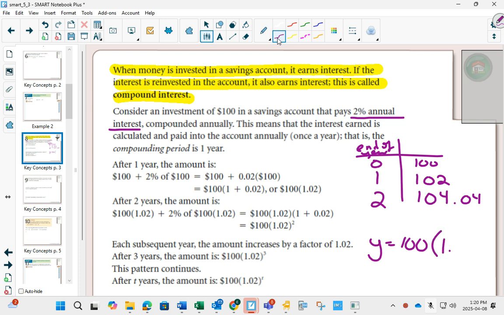Our interest rate is 2%, which is an R value of 1.02 to the X. That 1.02 says it's increasing. It will have this shape of the graph, right? Exponential graphs look like that with an asymptote. It will get really steep sometime in the future, but it might just take a long time before it gets there, because the 1.02 is not very much bigger than 1. It takes a long time for it to increase.